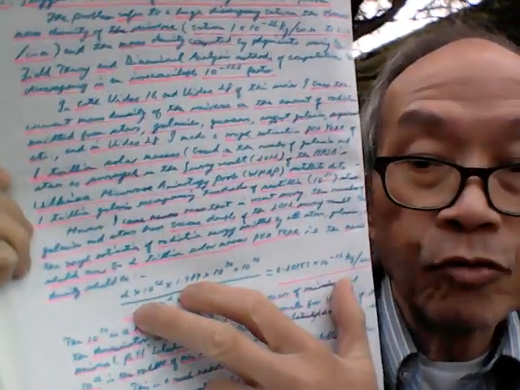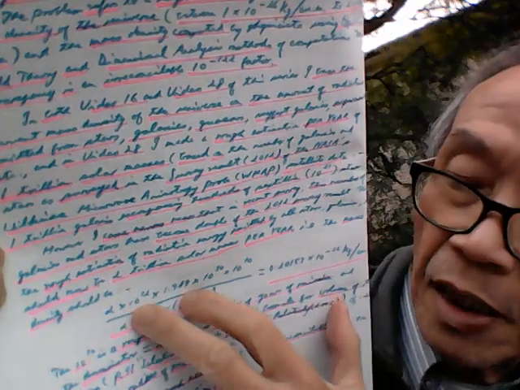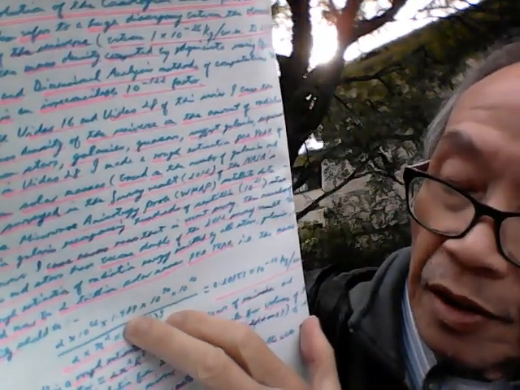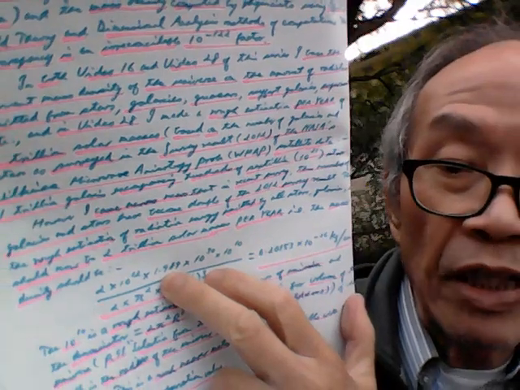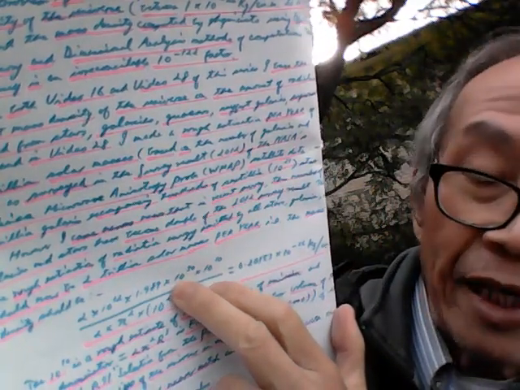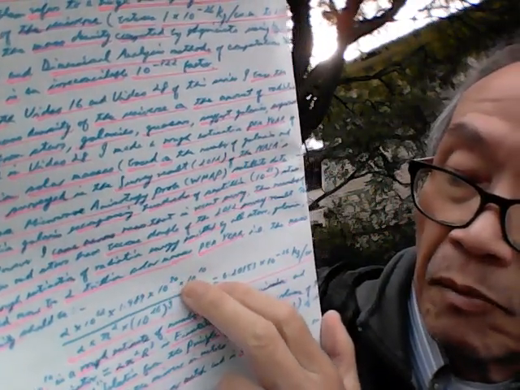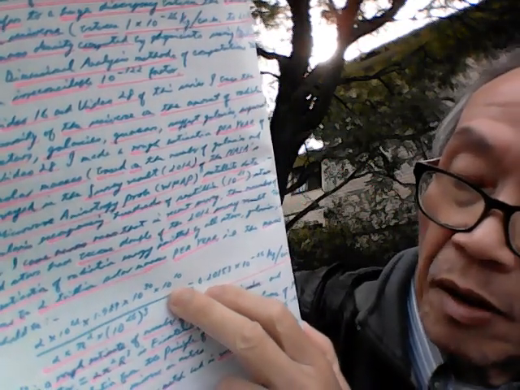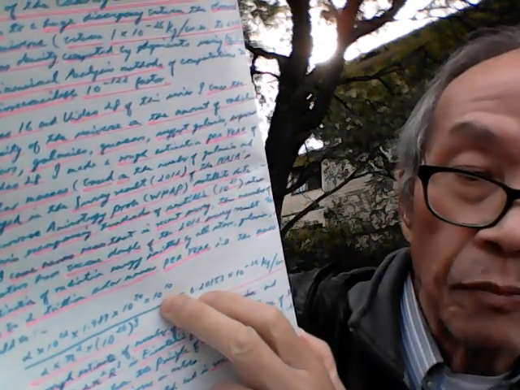Two here means 2 trillion solar masses, 10 to the power 12, times the solar mass, 1.989 times 10 to the power 30 kilogram. That's the mass of the sun. And what is this 10 to the power 10?